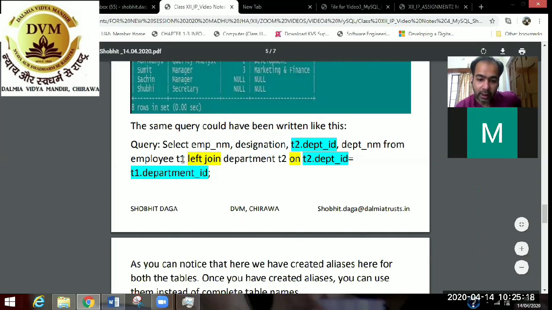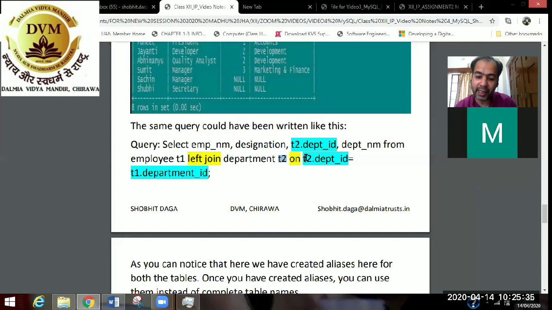From employee T1, left join department T2. So employee has been given an alias over here named T1. Department has been given an alias named T2. Because of this, instead of writing the names of the complete table, you can always substitute it with these aliases, and hence we have used T2 and T1 over here.